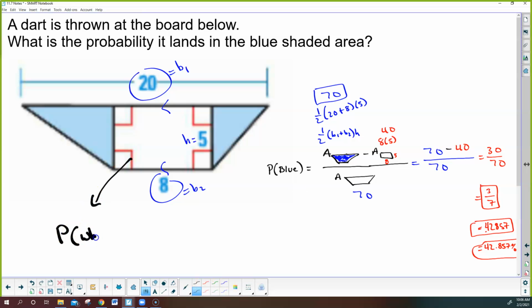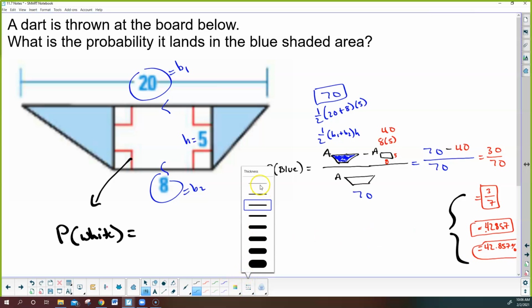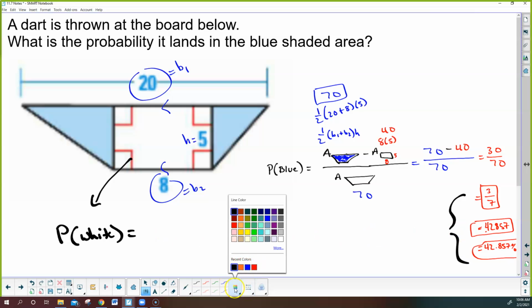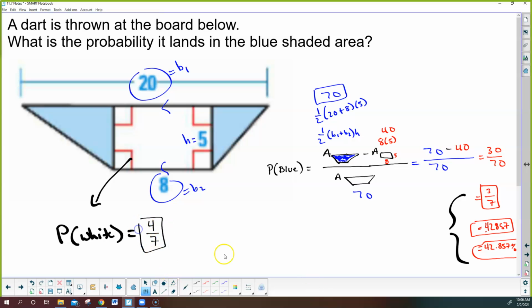If you already know these answers, and the blue area takes 3/7 of the space, then the white area has to be the remaining part. Now, some students don't love that, because where did this 4/7 come from? Well, think of this: 7 out of 7 minus 3 out of 7.